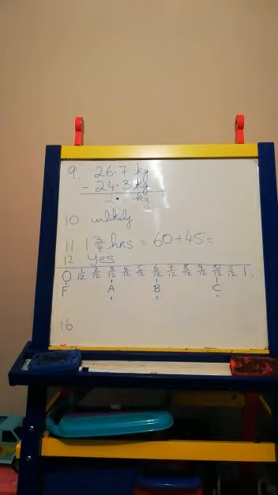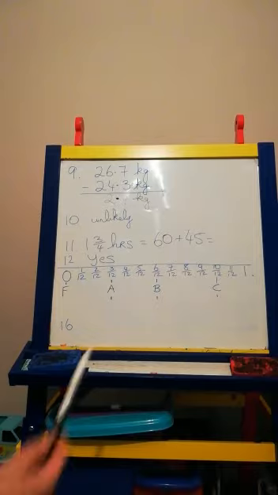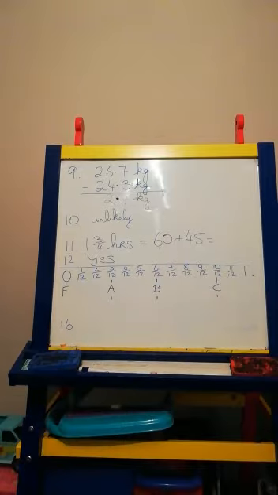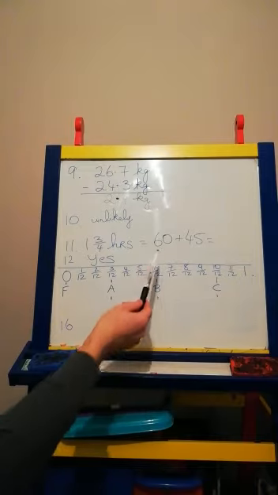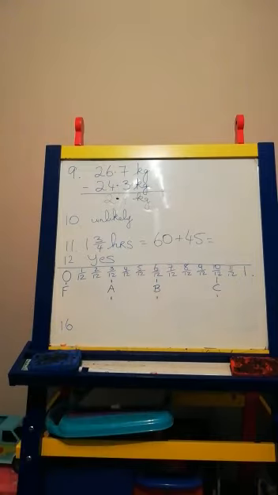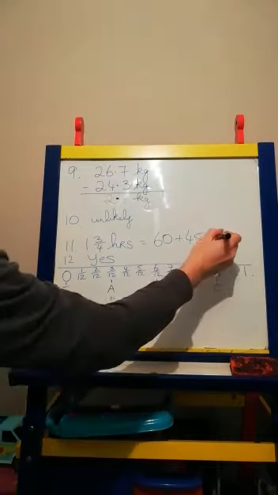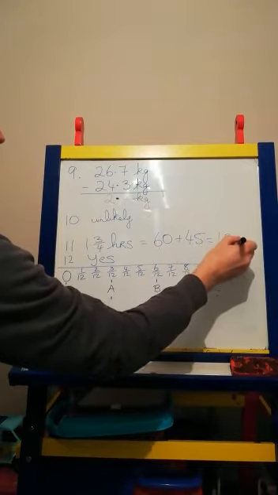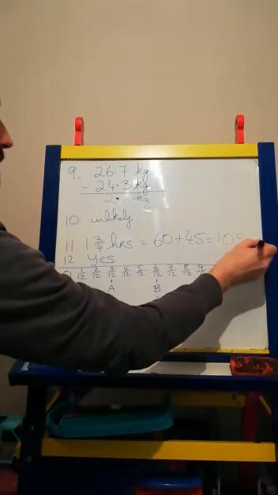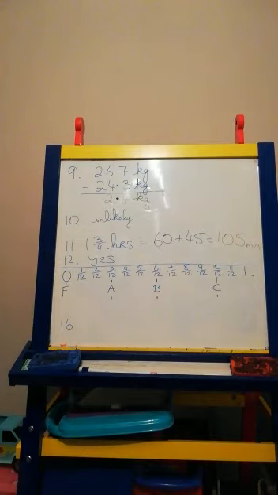That means 2 quarters are 30. And of course 3/4 of an hour, and you should all know this one, is 45. Okay, so all I do here is I add my 60 and my 45, and you get, of course, 105 minutes. All right. 105 minutes there.